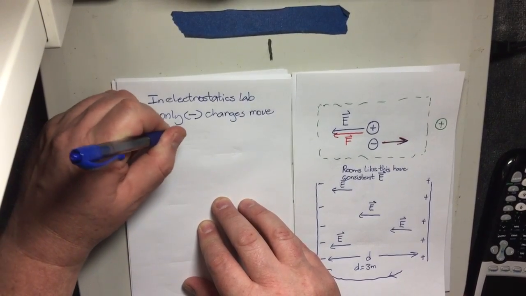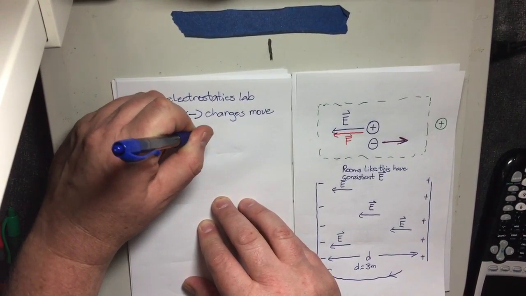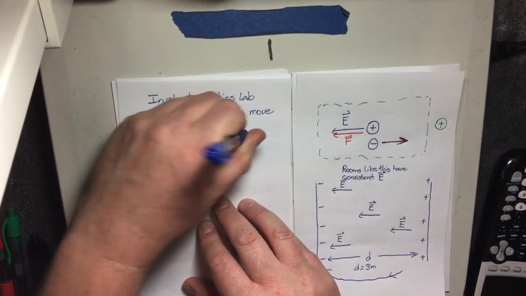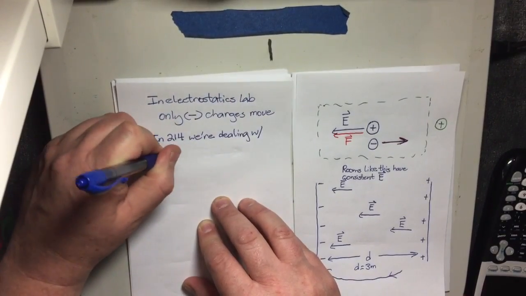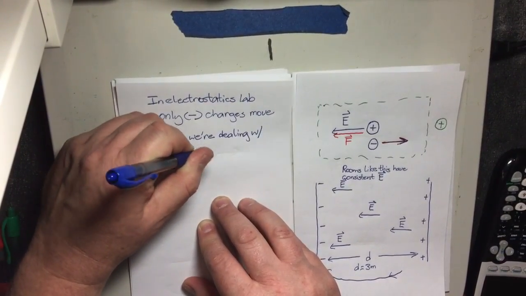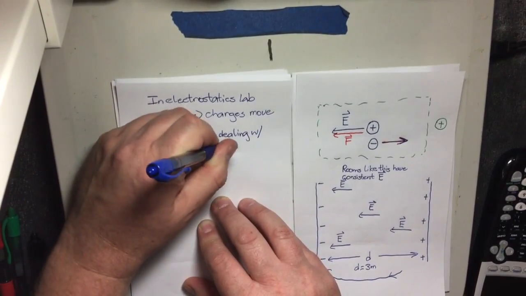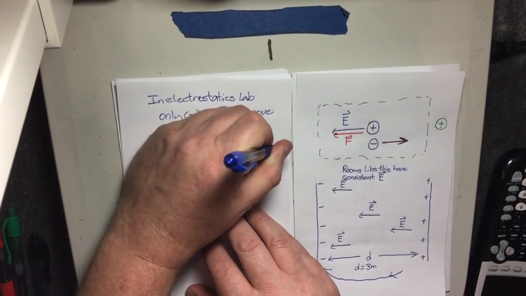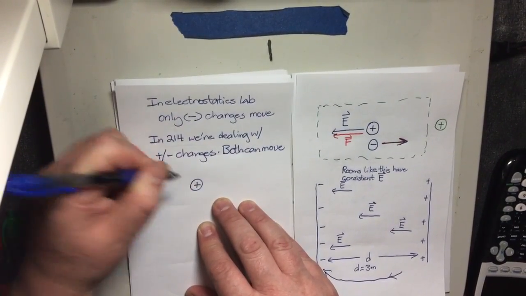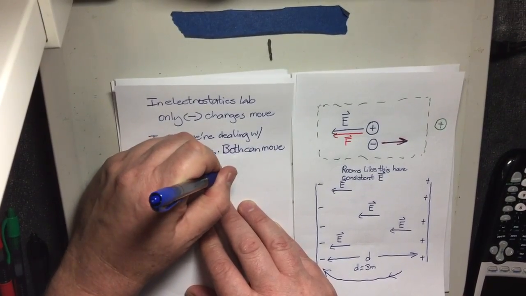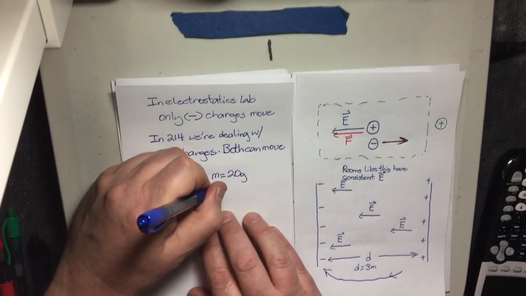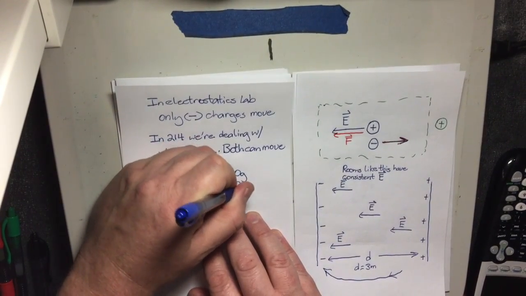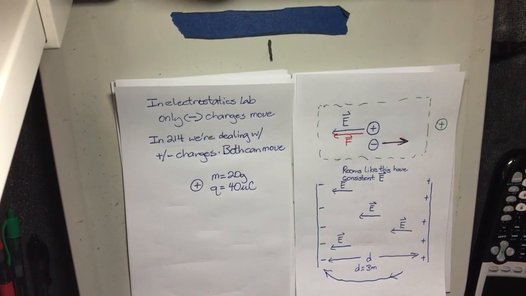In 214, we're dealing with positive and negative charges, and both can move. So when I say you have a positive charge with a particular mass and a particular charge, it's okay.